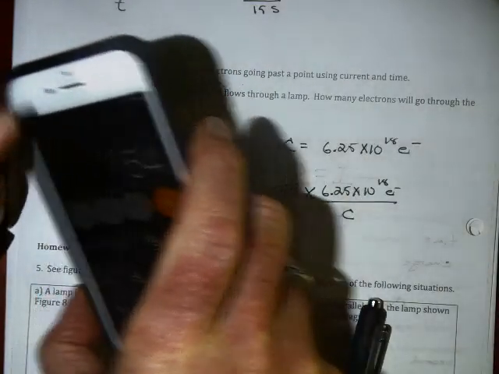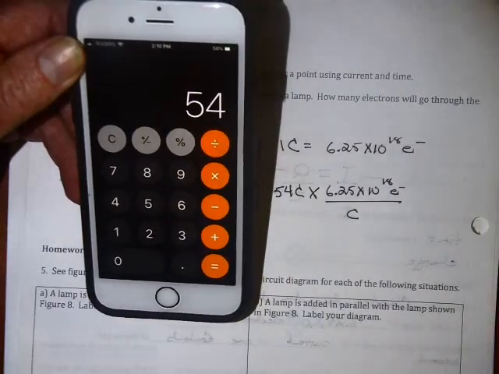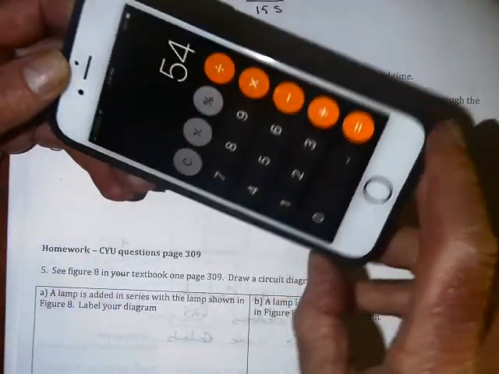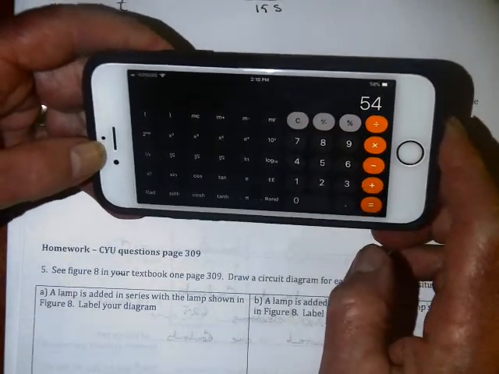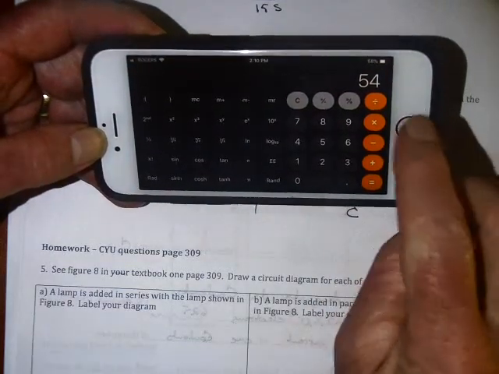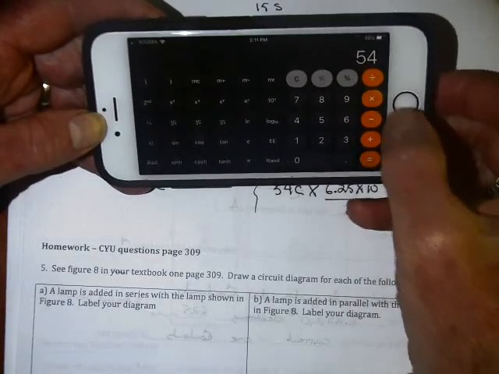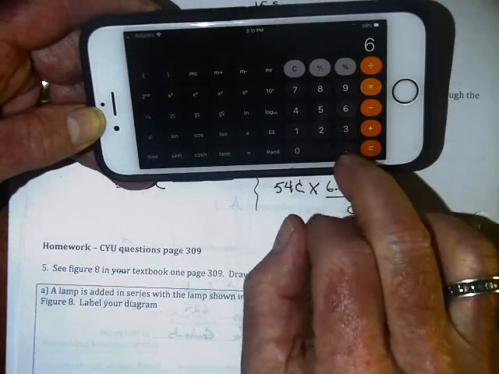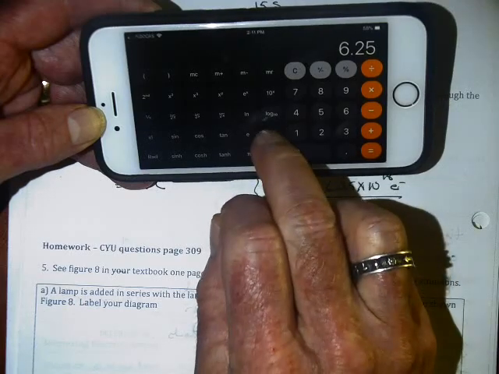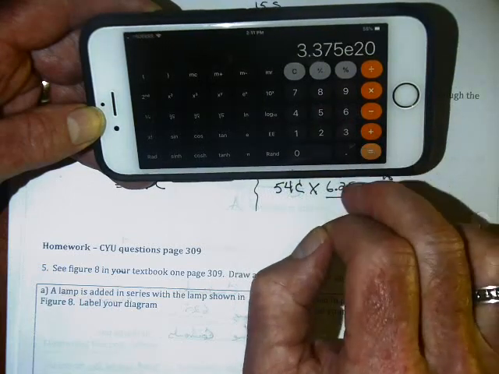Now this is where, if you have not used scientific notation before, this will be a wake-up for you. So, I'm going to multiply this by this number here. To do that, multiply 6.25. You see this EE? Hit the EE, and then you put in 18 equals.